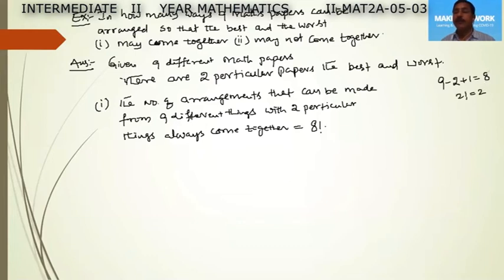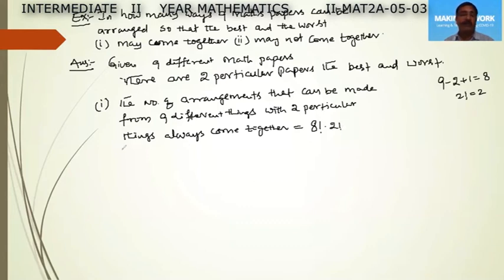Whenever we change the order of these 2 elements, the total arrangement changes. So in each of these 8 factorial arrangements, if these 2 elements are arranged in 2 different ways, the total is multiplied by 2 factorial.